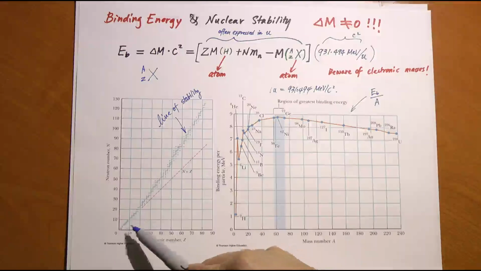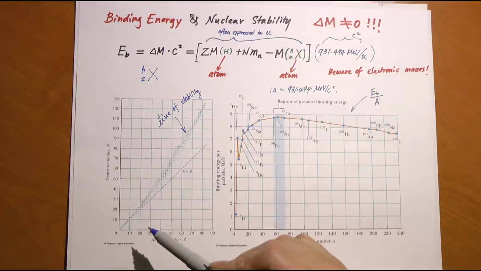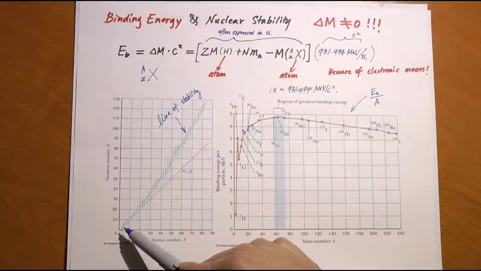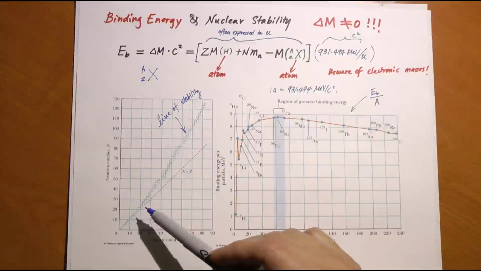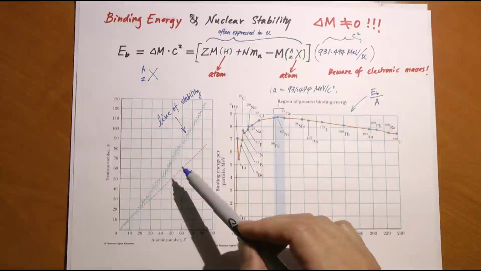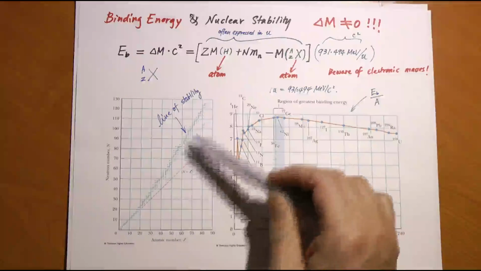So you see here, for small nuclides without a whole lot of nucleons, they prefer to have N and Z equal to each other. Okay, same number of protons and the same number of neutrons. As A increases, as you get more and more nucleons, they prefer to have somewhat more neutrons than protons.